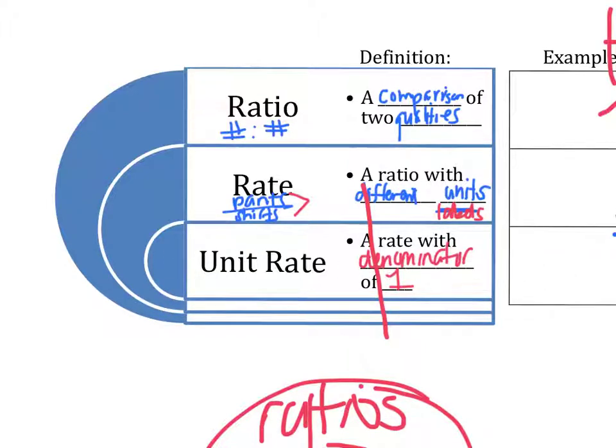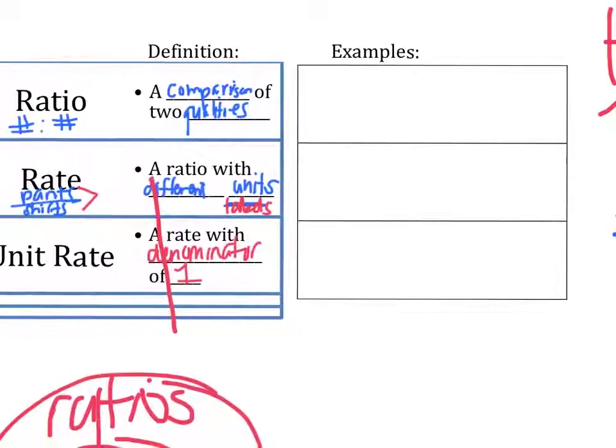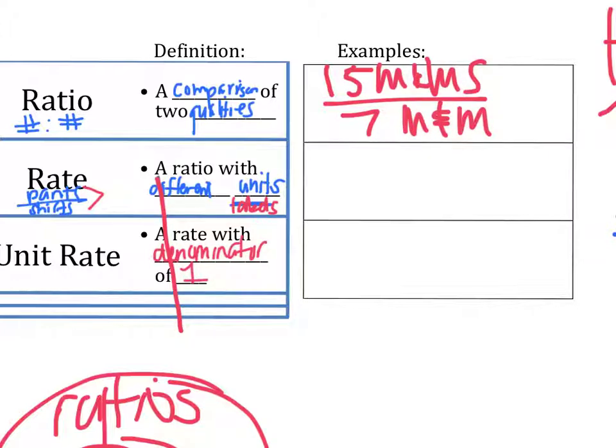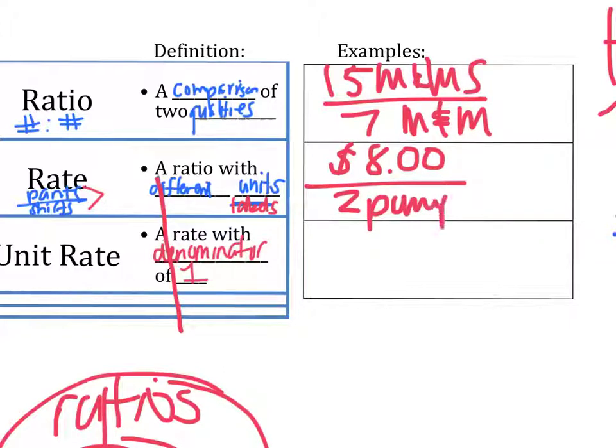So let's talk about some examples of these, because I know it kind of gets confusing. A ratio is a comparison of quantities. So let's write down 15 M&Ms compared to 7 M&Ms. Now, for rates, we need two different labels or two different units. So let's say we are buying pumpkins since it is Halloween time. And we're buying 2 pumpkins for $8.